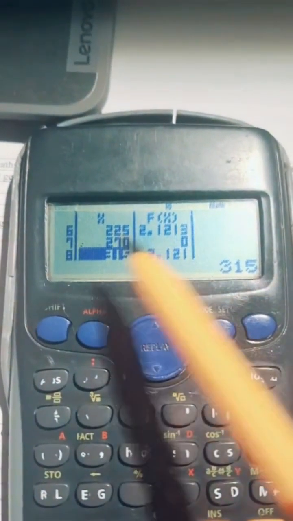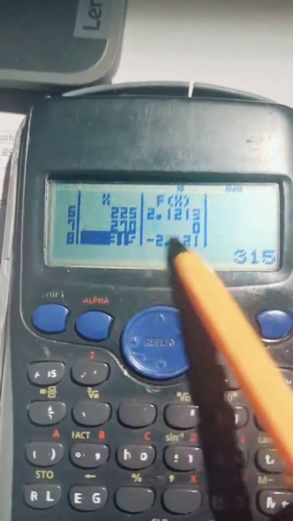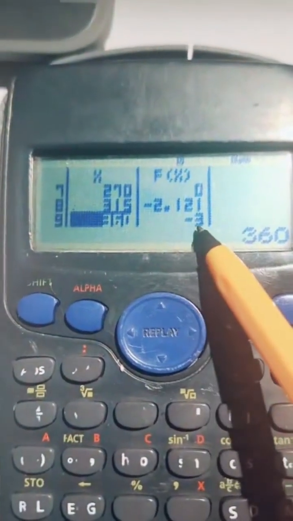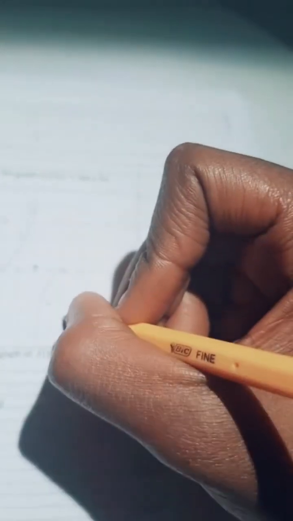Going down, x is 315. The corresponding y value is negative 2,121. And then lastly, when x is 360, we've got a y value which is negative 3.